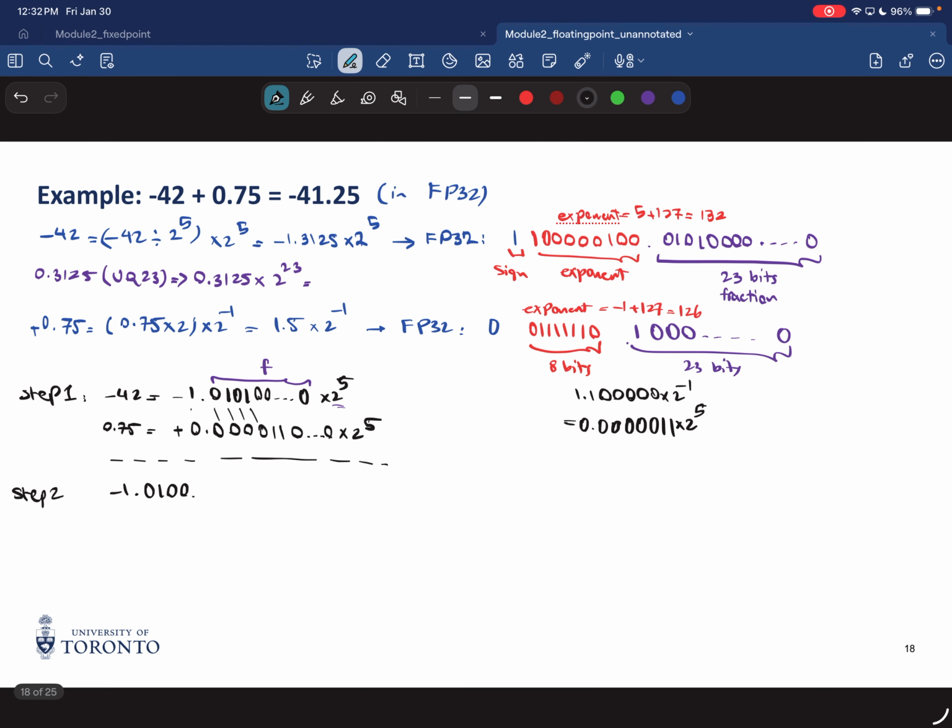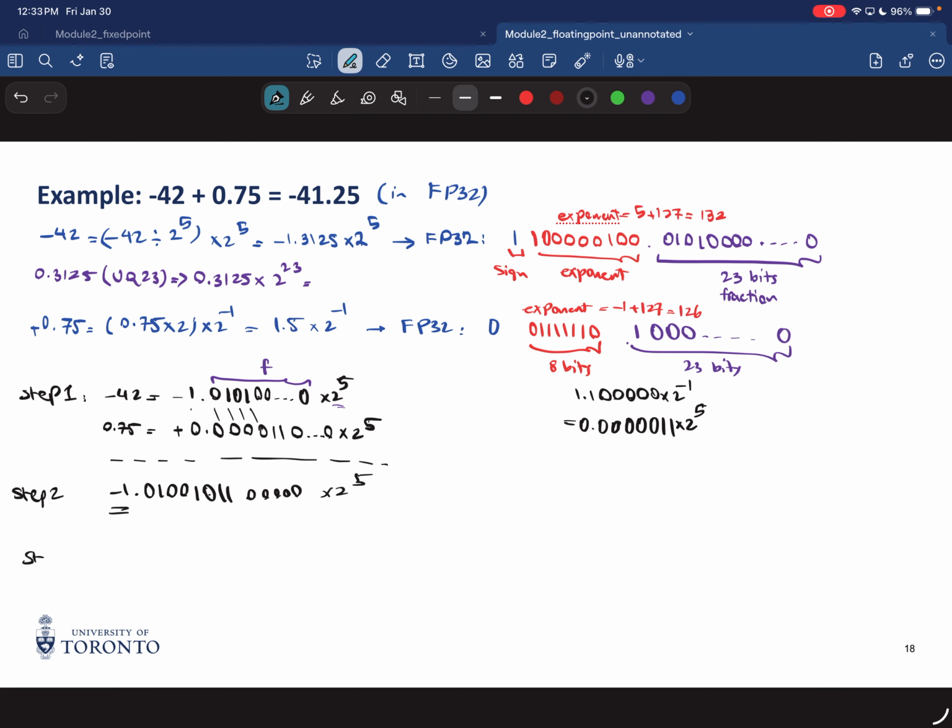Zero one zero zero one. So we have minus 1 0 1 1. I think it's going to be 0 1 1, something like that. And then the rest of it is just zeros to the power of 5. So since the result is already normalized, we don't have to do anything, okay?